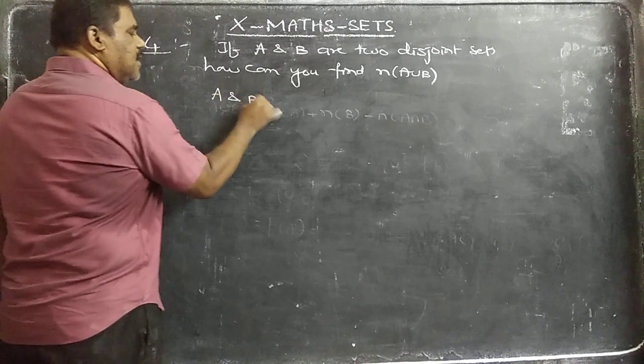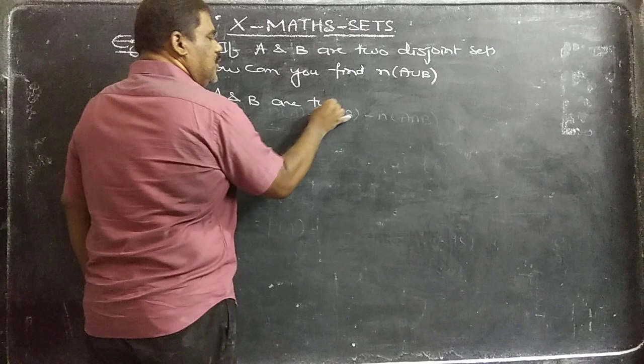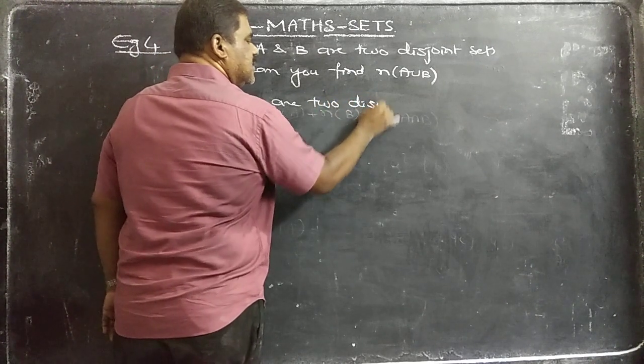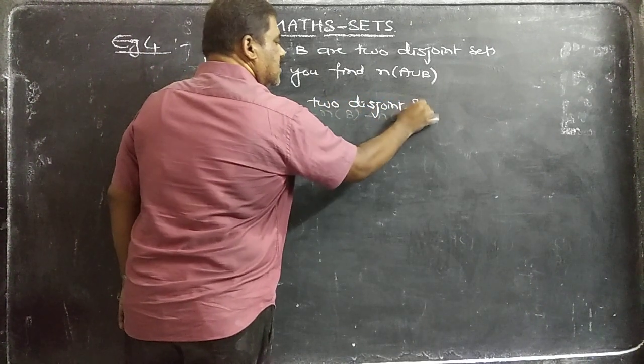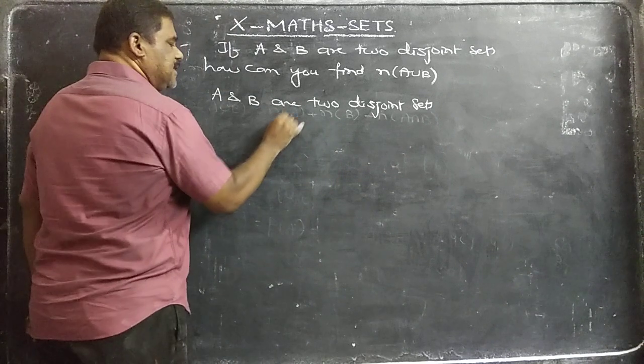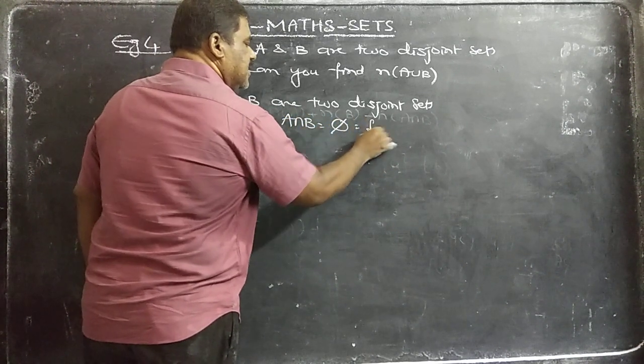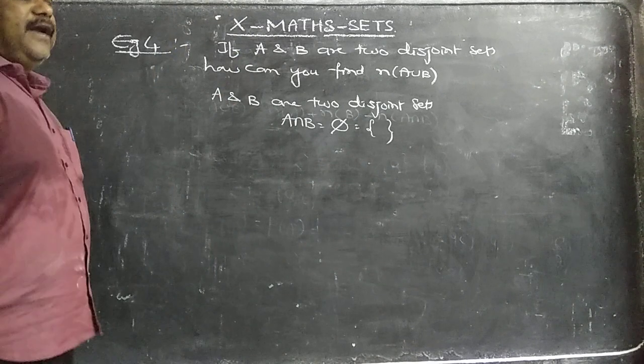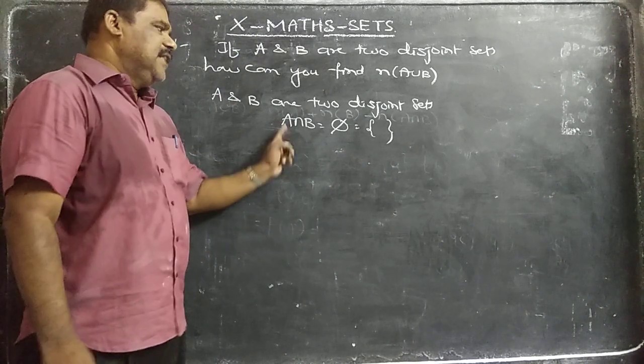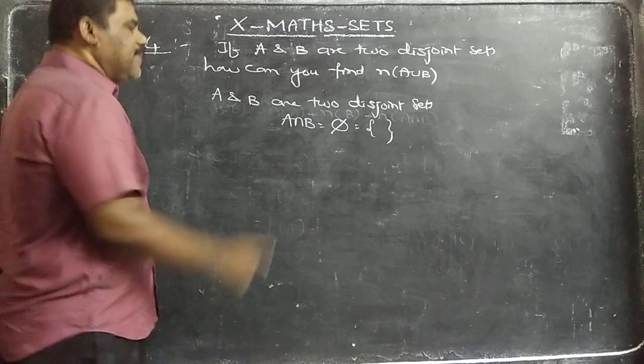If A and B are 2 disjoint sets, disjoint sets means their intersection A intersection B is an empty set. They don't have common elements.